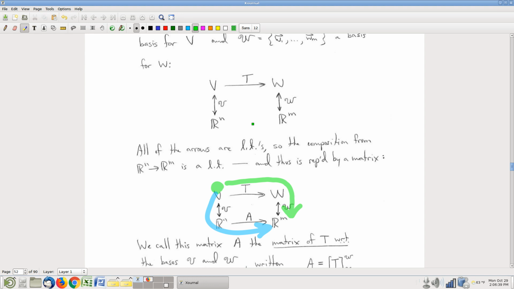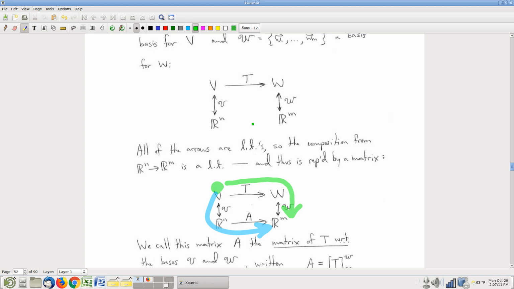If you convert the input vector into coordinates, then what the matrix does is equivalent to applying the linear transformation, with the understanding that once you've done the linear transformation, you convert into coordinates. So with the understanding that as needed you're converting between coordinates and vectors, what this statement is saying is that A is doing the same thing as T, just in coordinate notation instead of an abstract notation.